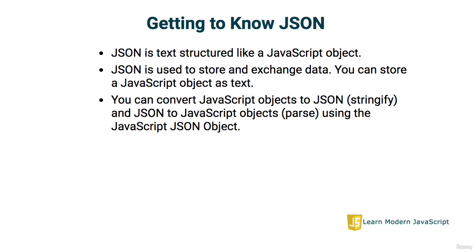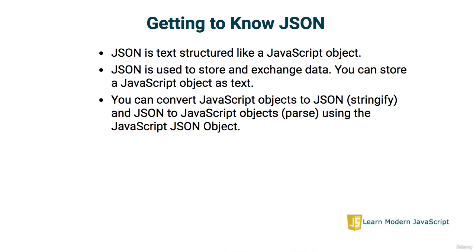Now, you can convert JavaScript objects to a JSON string of text using a stringify method, and you can do the reverse. Convert a JSON string to a JavaScript object using the parse method. Both of these methods, stringify and parse, are a part of the JavaScript JSON object.